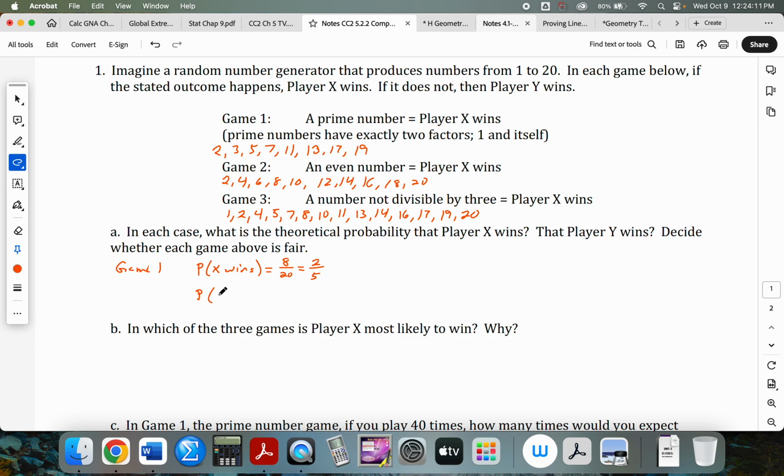Do we have to count all of the other ones to know the probability that Y wins? No. What would be a fast and easy way to find the probability that Y wins? 20 minus 8? Well, 20 minus 8 is 12, and that's not a probability. What minus 2/5?